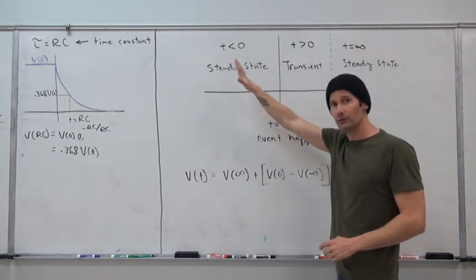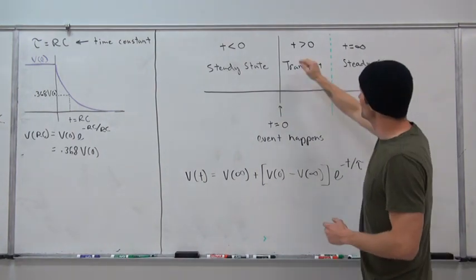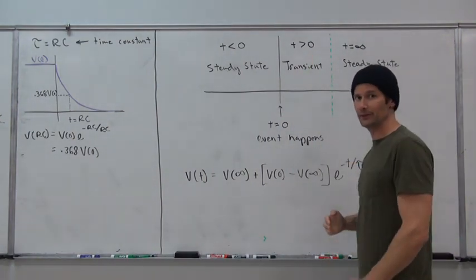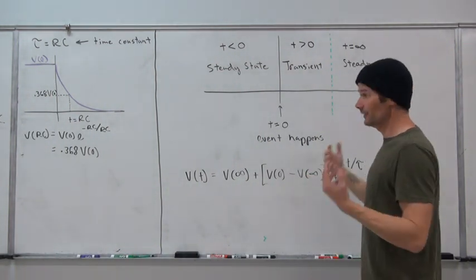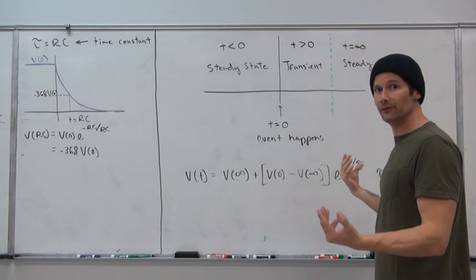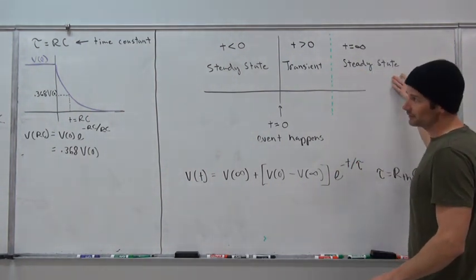T less than 0, we were in steady state. We invoke a change into the circuit. Bam! Here we go. T greater than 0, we're going through a transient period, a temporary period in which eventually, just like chaos theory, everything levels off and the circuit regains another steady state.